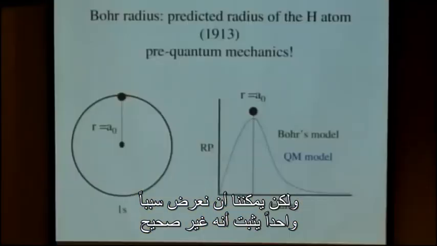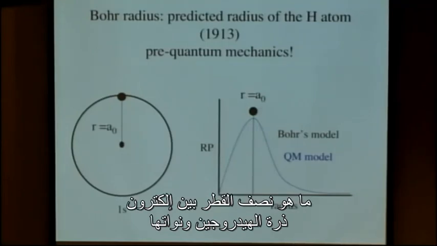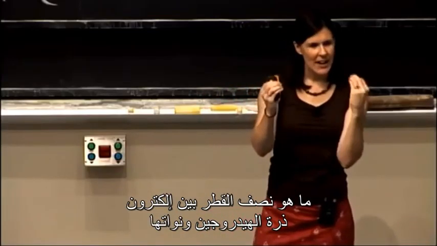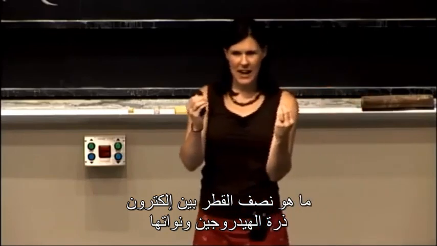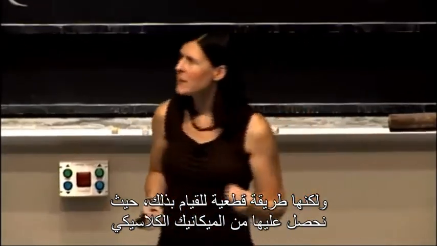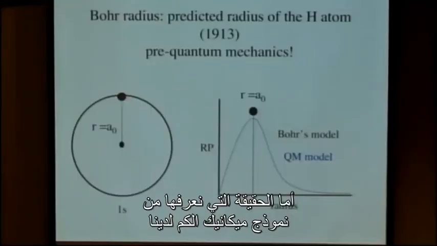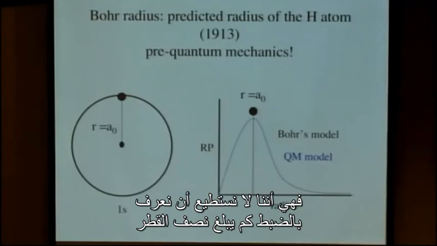But we can see, for example, one way in which it is not correct, because what it tells us is that we can figure out exactly what the radius of an electron and a nucleus are in a hydrogen atom. That's a deterministic way of doing things. That's what you get from classical mechanics. But the reality that we know from our quantum mechanical model is that we can't know exactly what the radius is.